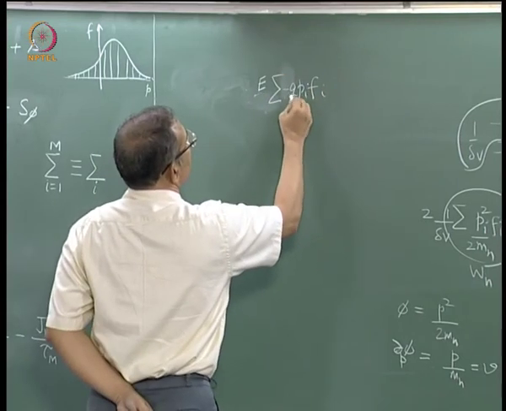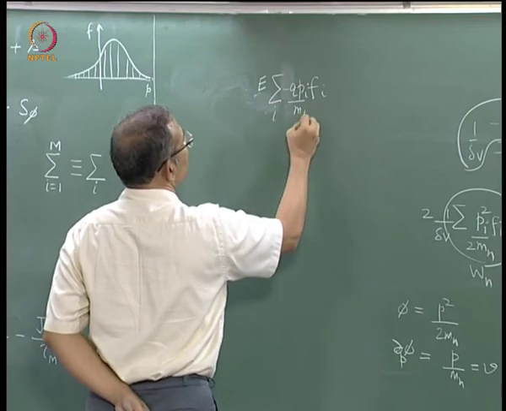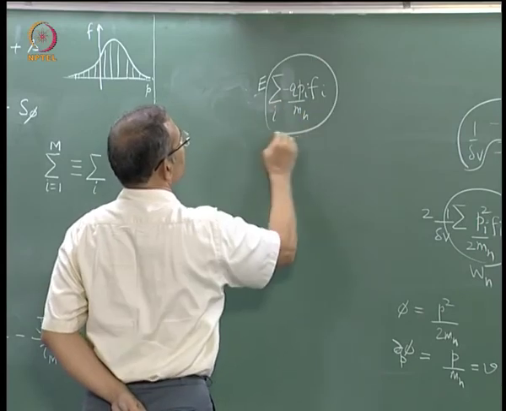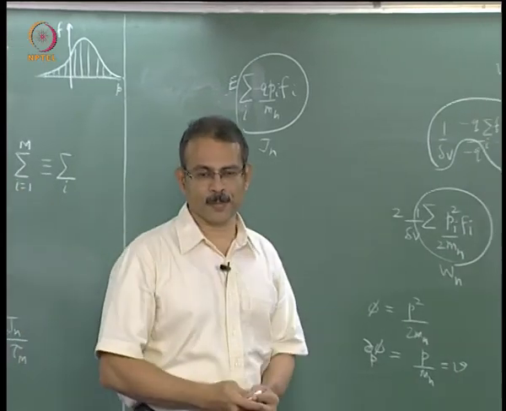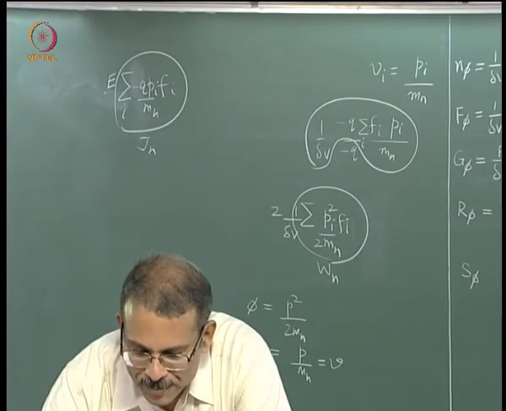That minus q times p F by mn is nothing but the current density Jn. That is how you get E into Jn. That is the E into Jn term.